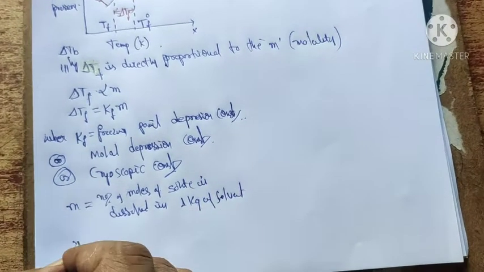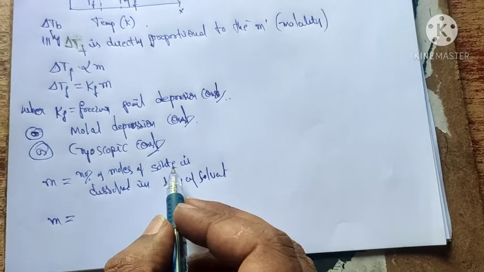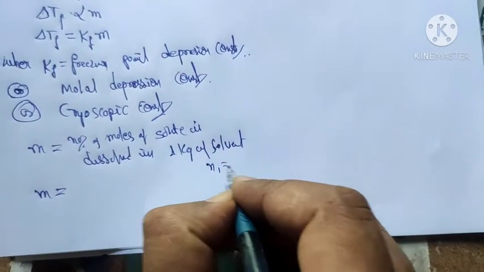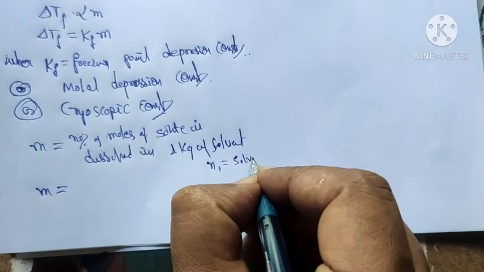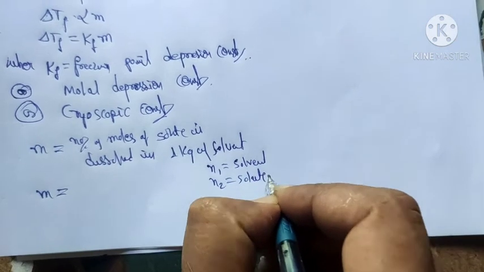Where moles of solute is considered N2, N1 is the number of moles of solvent, N2 is of solute.